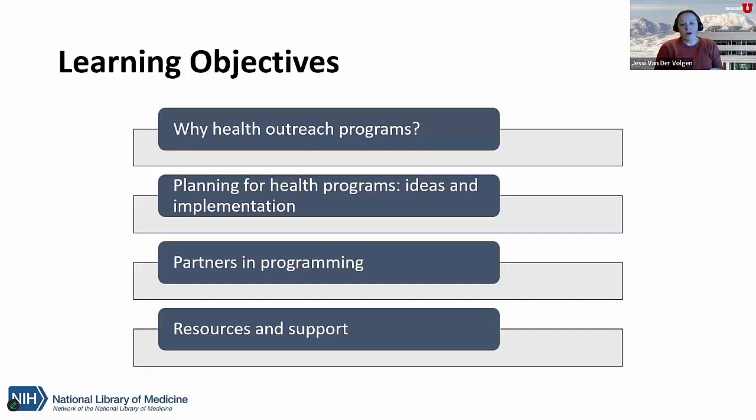Identify some potential partnerships for health programming and outreach in your library, because partners make excellent additions to programming. And then identify some resources from the National Library of Medicine and other agencies that can be used to support the implementation of health programming. So this is not a full how-to on health programming. We're going to generate a lot of ideas and a few places to get started.